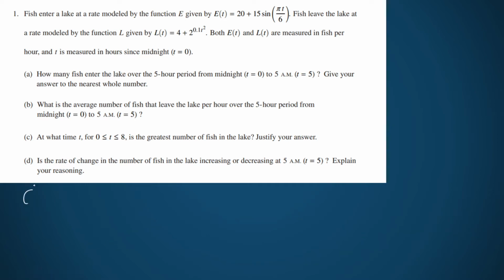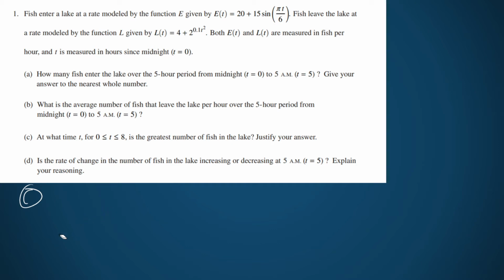Okay, for part C. If I want to know the greatest number of fish in the lake between 0 and 8, what do I have to do? Negative E(t). E prime minus L prime should be 0.